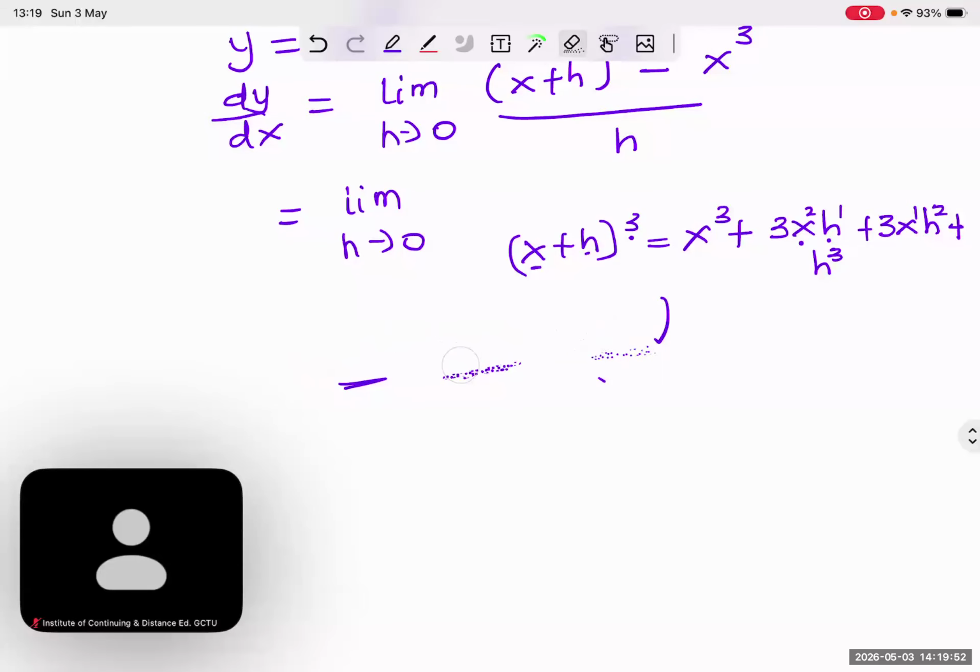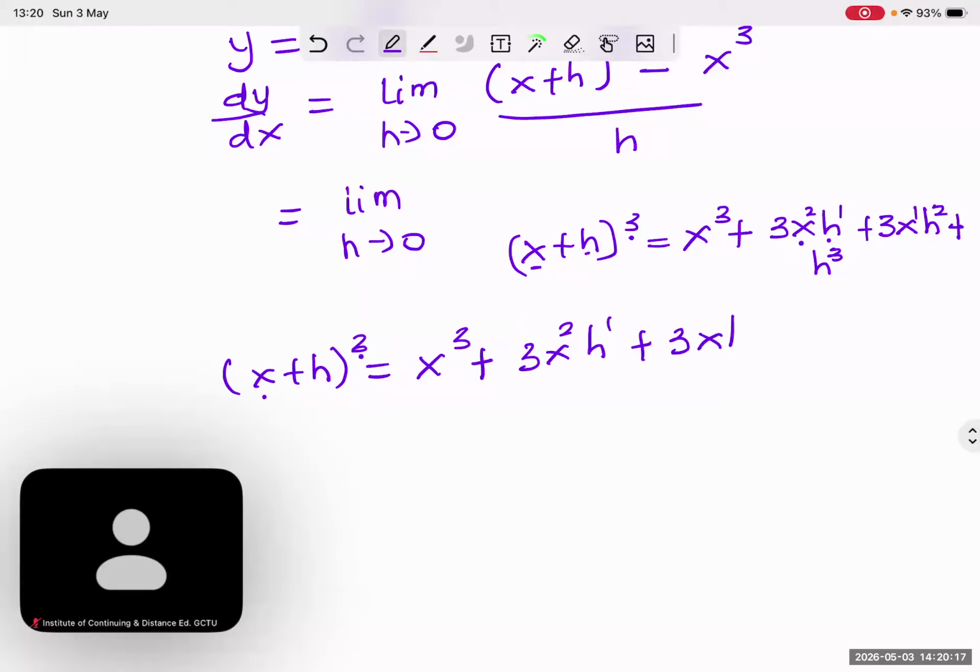All right, so let me write it here well, x plus h all cubed is the same as we cube the first term, x cubed, plus multiply the power, which is 3, by 3x and the h, so 3xh. Make sure that the powers sum up to 3, so I have 2 here and I have 1 there. Plus 3x and h, make sure that the powers sum up to 3. Since in the first term here, I put 2 on the x.